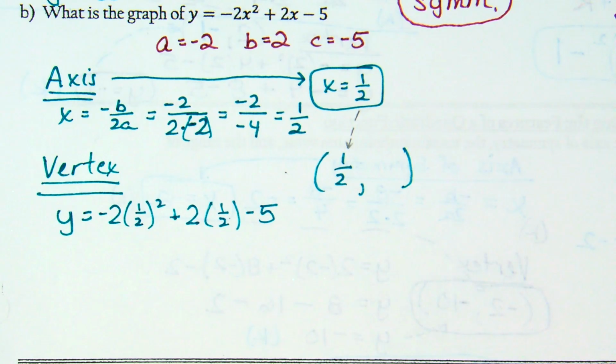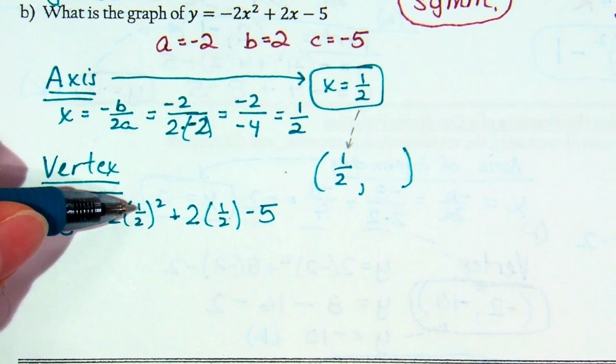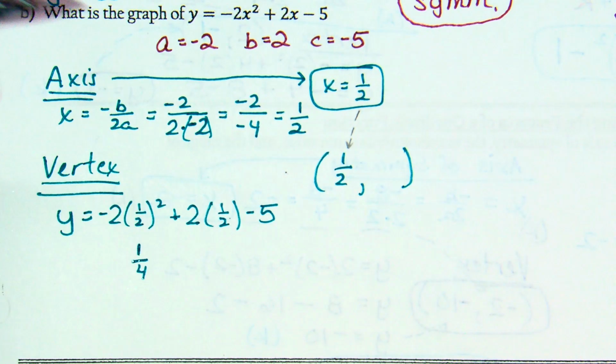Okay. What do we know about 1/2 squared? 1/2 times 1/2. So on top, 1 times 1 is 1, 2 times 2 is 4. So 1/2 squared is 1/4.